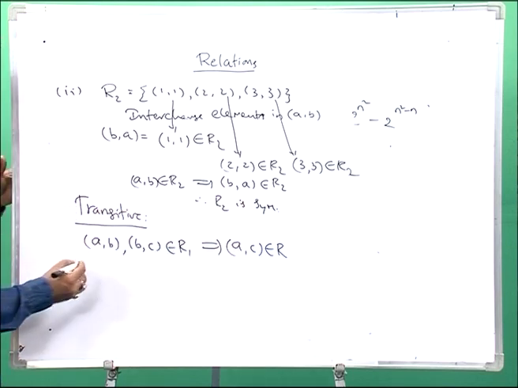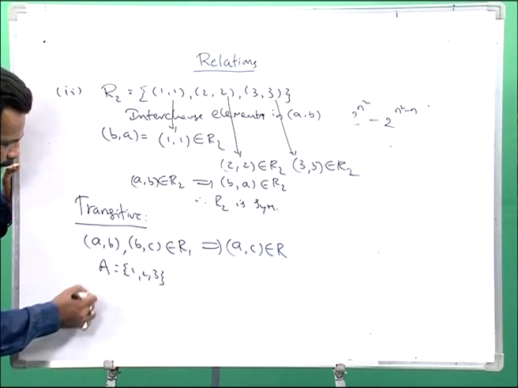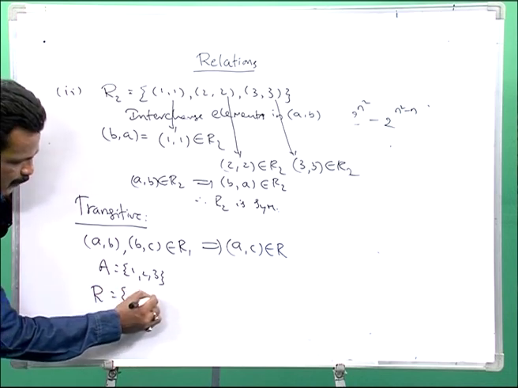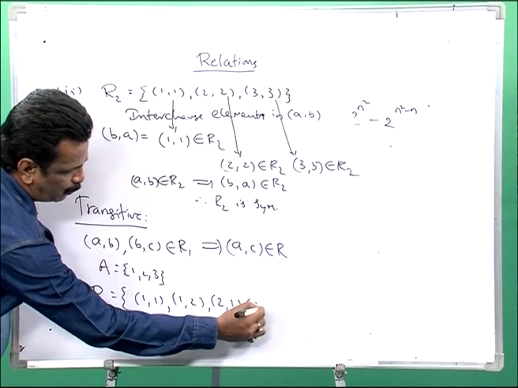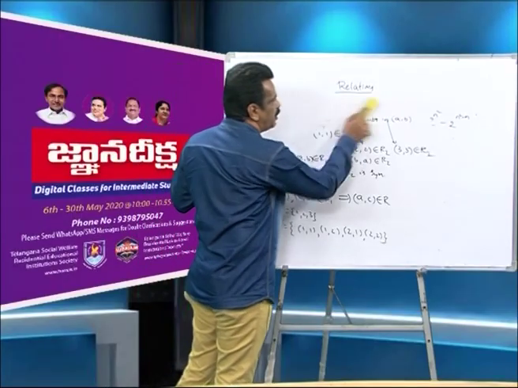That should be A comma C, that should be appearing in the relation. For this, again we take the same example, A is containing 1, 2, 3 elements, and I will take here R is a relation containing 1 1, 1 2, 2 1, 2 2. Whether this is transitive or not, further we check here all possible cases.